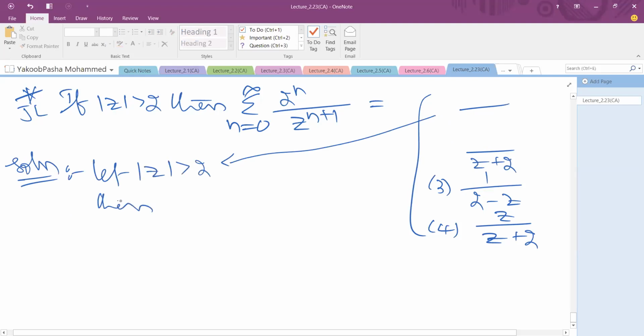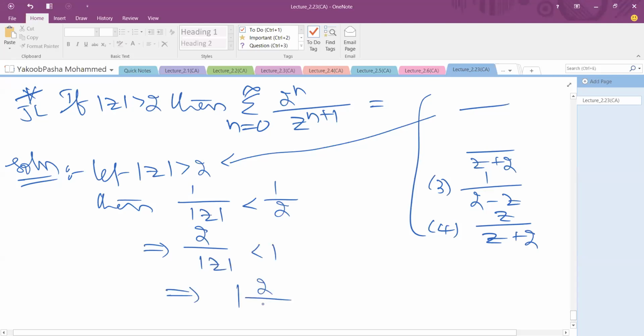When modulus of z is greater than 2, when we take the reciprocal, this is less than 1 by 2. So we can write 2 by mod z is less than 1. That implies modulus of 2 by z is less than 1. This is the actual original condition.